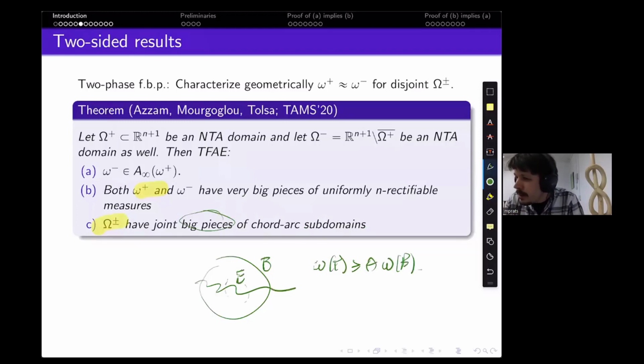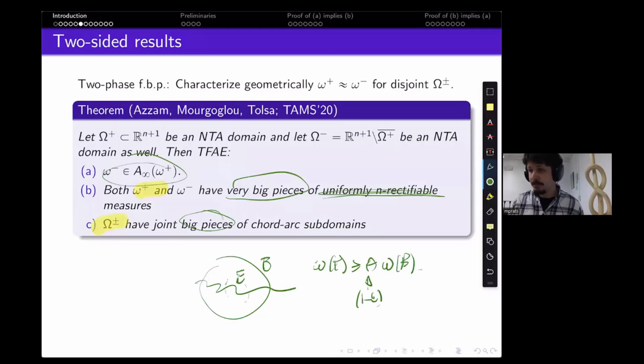And when we say very big pieces, it's like for every epsilon, you can put here 1 minus epsilon, paying the price that the constants for the property may get worse every time, but you can get some constants for every epsilon so that this happens. So at the end, you kind of exhaust every ball, but just paying the price of getting worse and worse constants. Okay, this is very big pieces. So these two things are equivalent to just being mutually absolutely continuous, quantitatively.